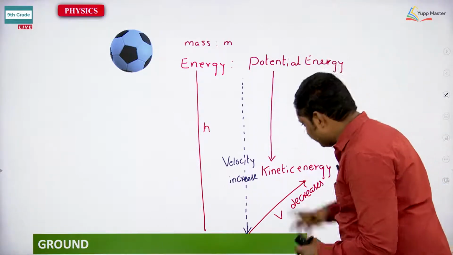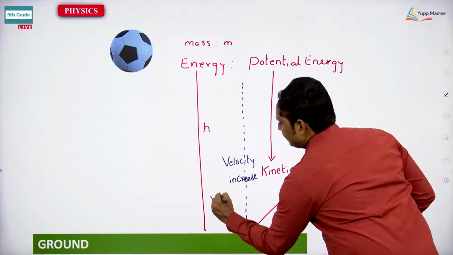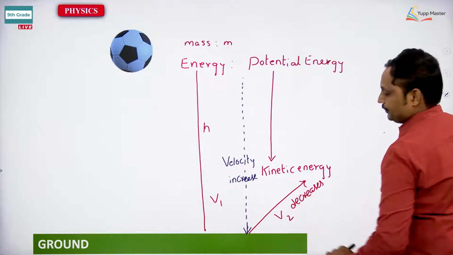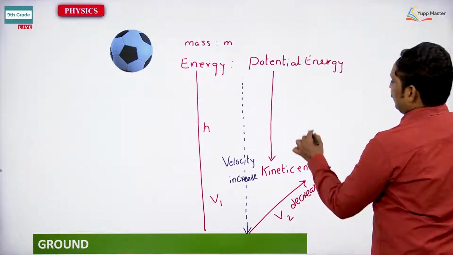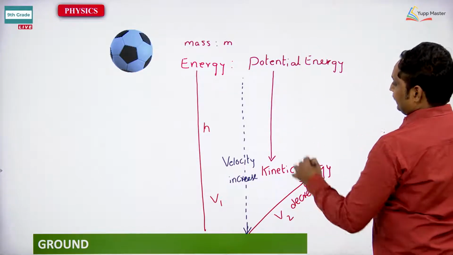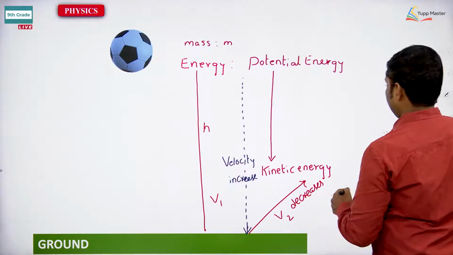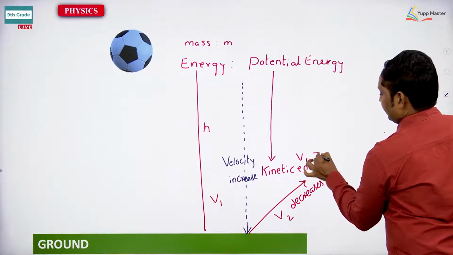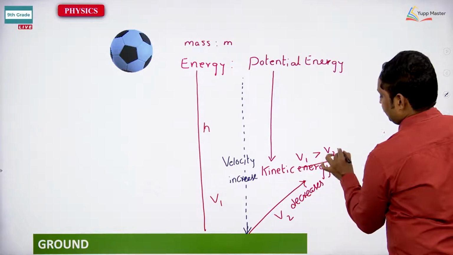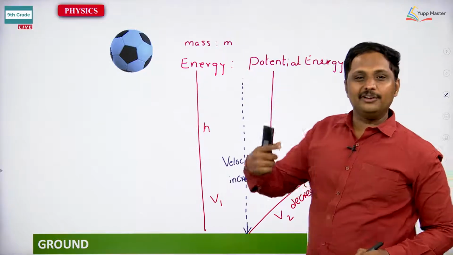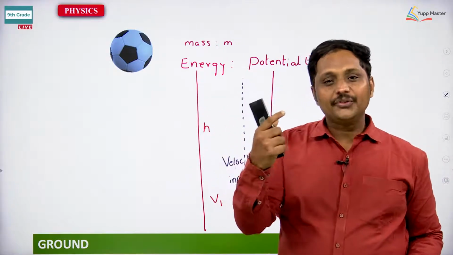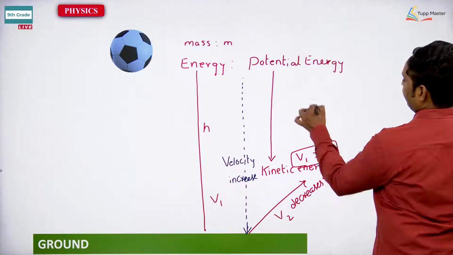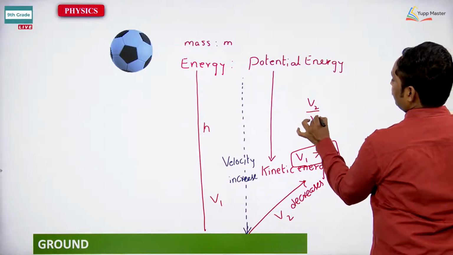So let us assume in this case V1, in this case V2, right. The relation you can take is V1 is greater than V2. Sometimes you need to calculate the factor of loss in velocity, which is V2 by V1.